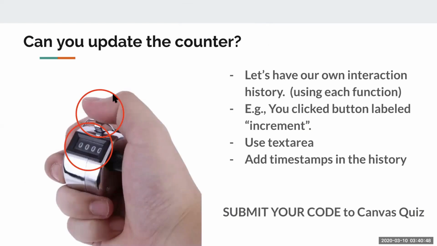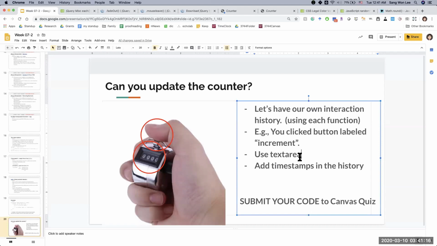So let's update the counter. What I would like you to do is create your own counter that has a reset button and an increment button, and you can get rid of the other two buttons. But let's create a text area, which is going to print out all the interaction history with timestamp.